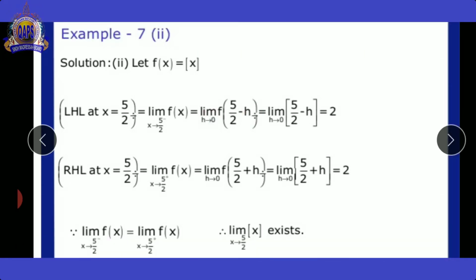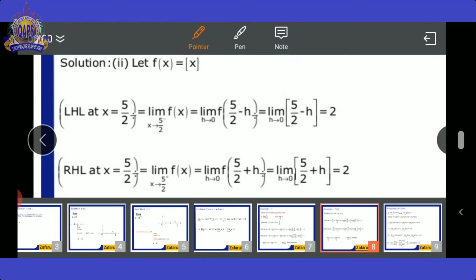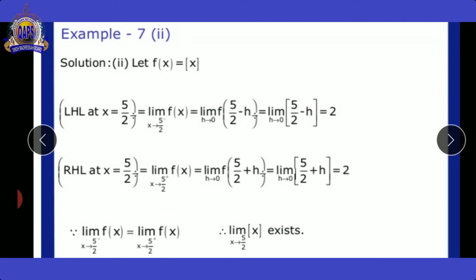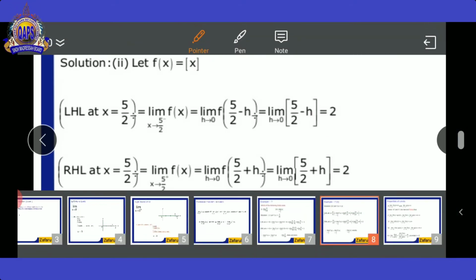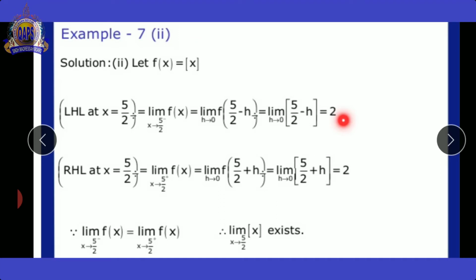In the place of x we put the point minus h, which is very close to the given point. So in this function we put 5 upon 2 minus h. When we solve this, the outcome will become 2, because h approaches very close to this point.